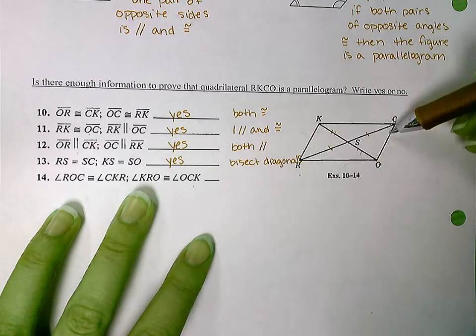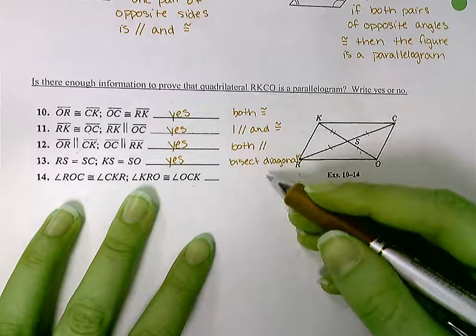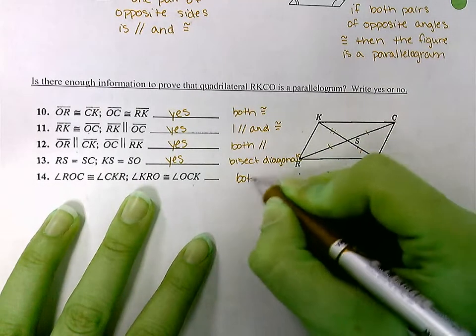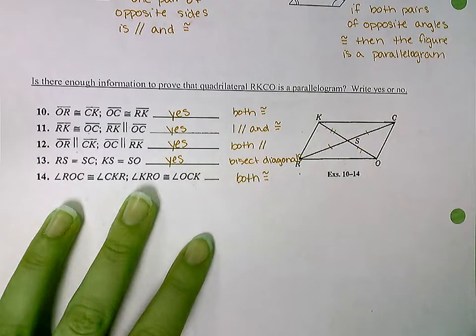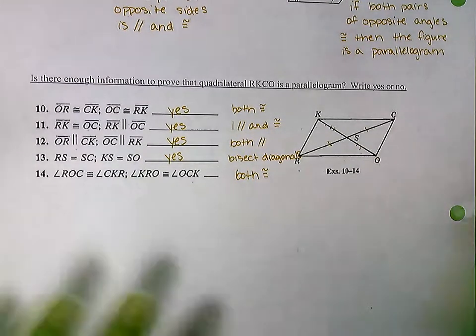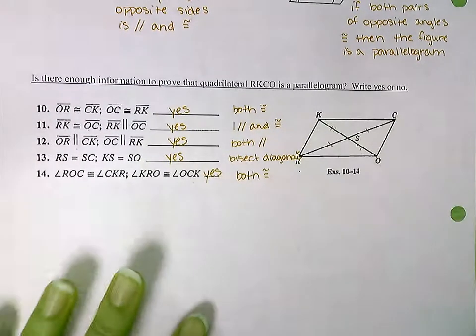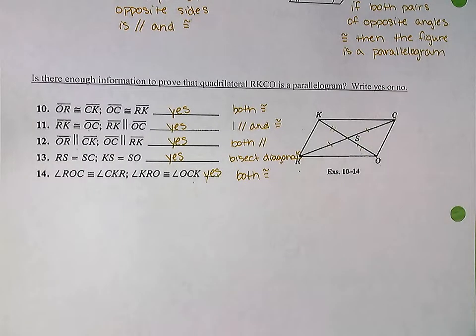Again, opposite angles are congruent. So I have both pairs of opposite angles congruent, so this is also yes. Okay, so all 5 of those were examples of each one on the front. Any questions?